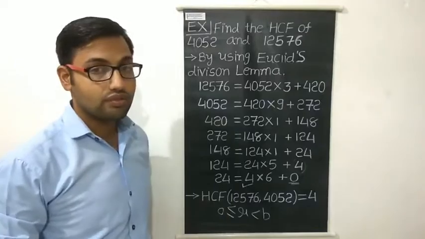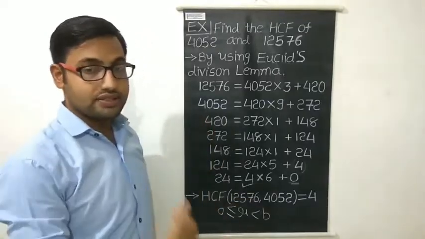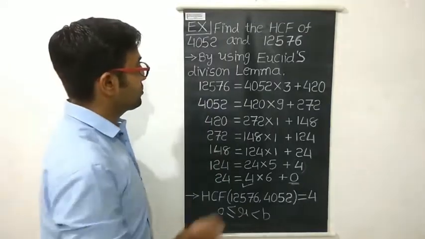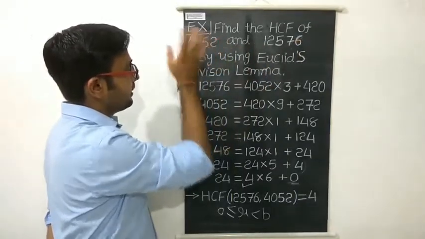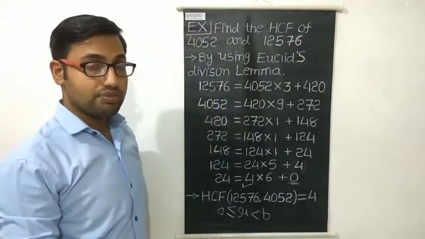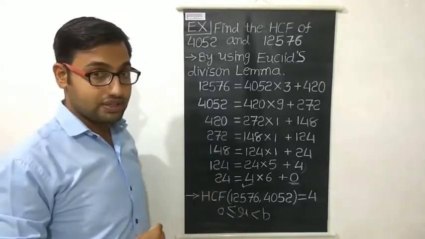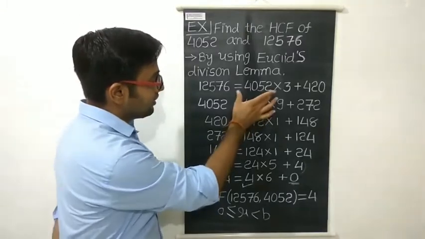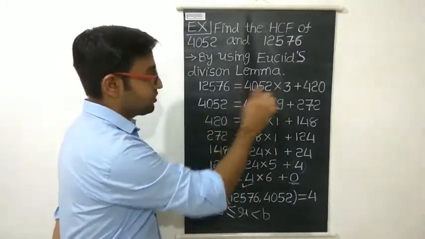Now what? We have to use this lemma for the second step. But which two numbers do we have to consider? For the first step, we take it as A, and for the second step, we take it as B. Now which number do we take as A and B? For that we take this number 4052, that is the B for the first step.